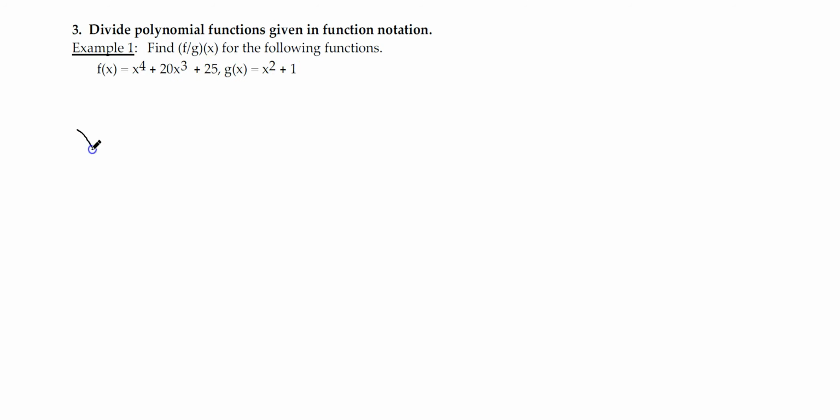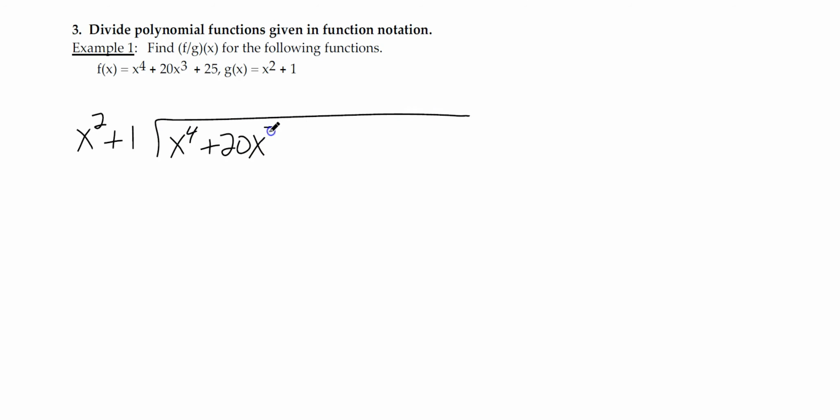So we set up the g function, that's the one in the denominator, going into x to the fourth plus 20x cubed. I'm going to create a 0x squared and a 0x, and then our plus 25 to give myself room to work in case there are any x squared or x numbers that come out of this process.